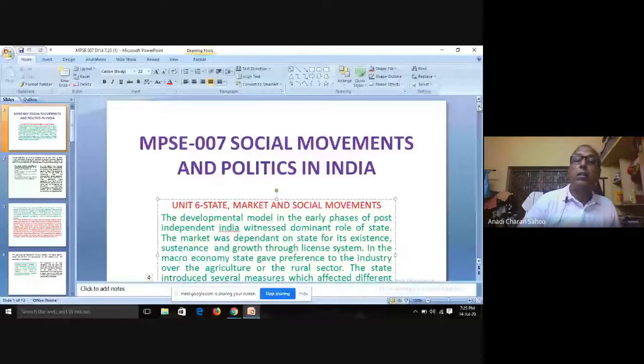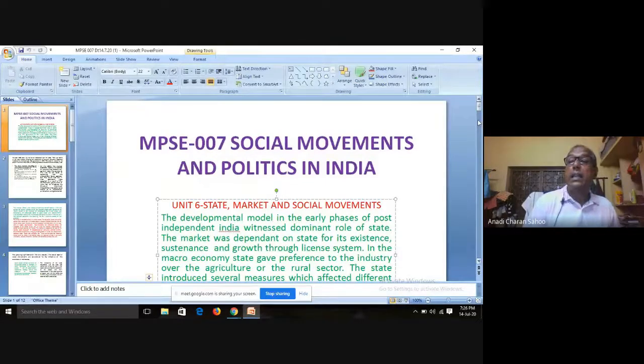It is MPSE 007, second year political science, MPSE 007, social movements and politics in India. Today, in the previous class, we had concluded from Unit 1 to Unit 5. Today it is Unit 6. Unit 6 is about state, market, and social movements.